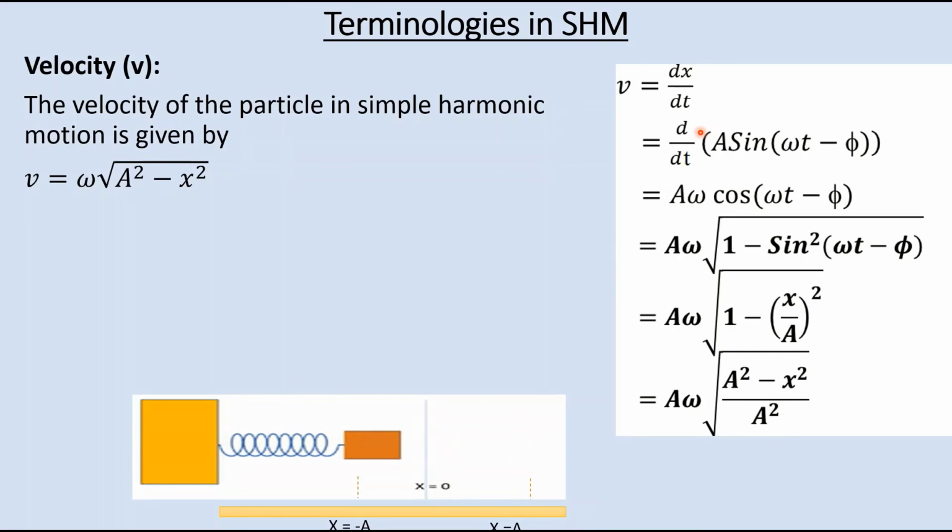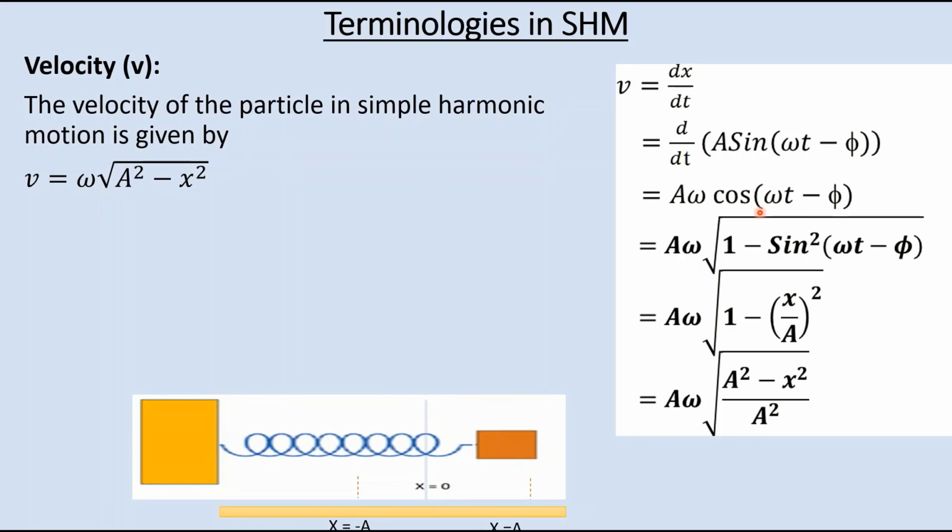This expression for the velocity can be obtained from v is equal to dx by dt, that is d by dt of x. x is nothing but the displacement, that is given by A sine omega t minus phi. Substitute for x here, then differentiate with respect to t. That will give you A omega cos omega t minus phi.